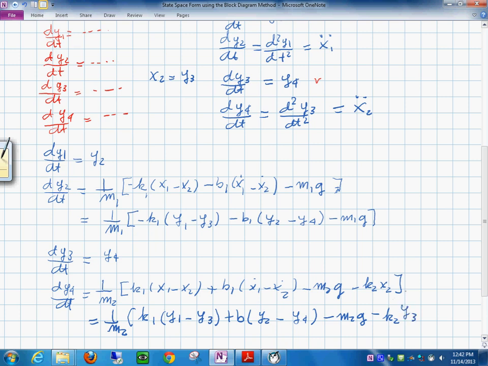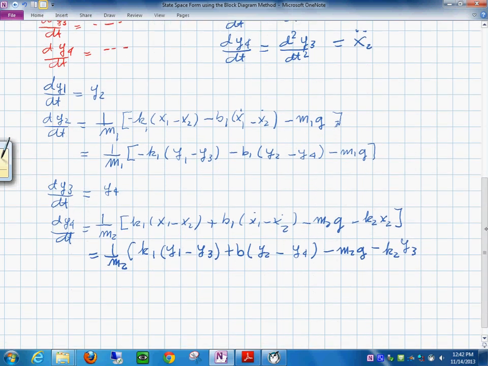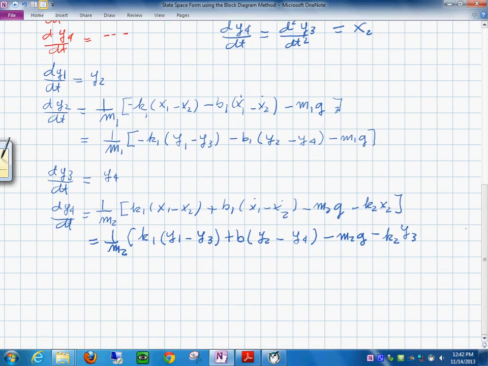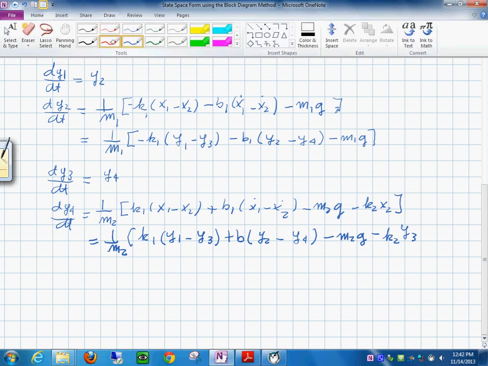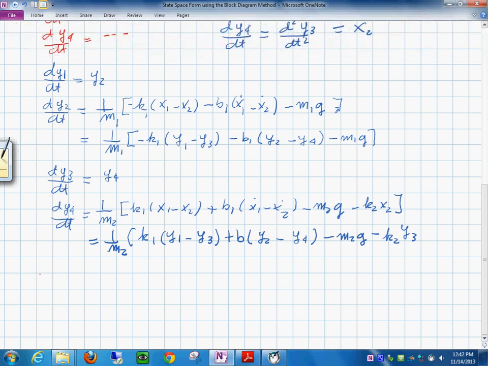See? Now I am prepared to write these equations into matrix form. I'm going to change the color now so as to emphasize that a little bit.